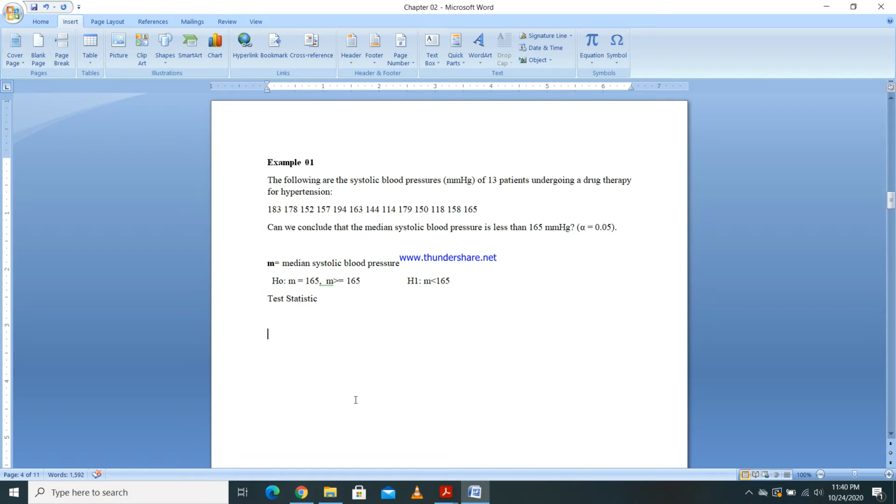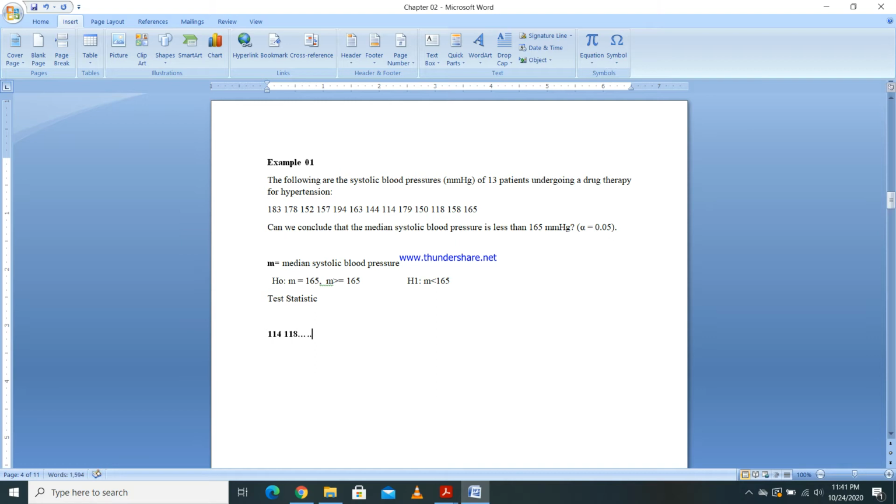So it would be much easier if you arrange them nicely in ascending or descending order. If you arrange it in ascending order, you can see the minimum value is 114 and the next minimum value is 118.